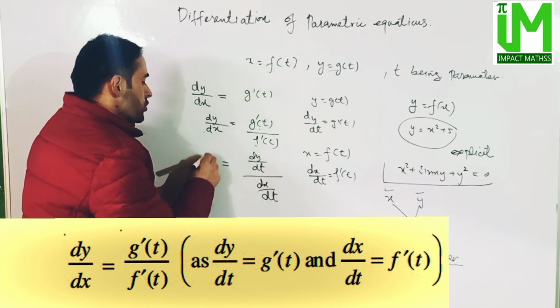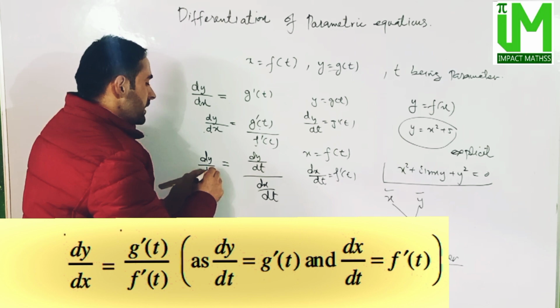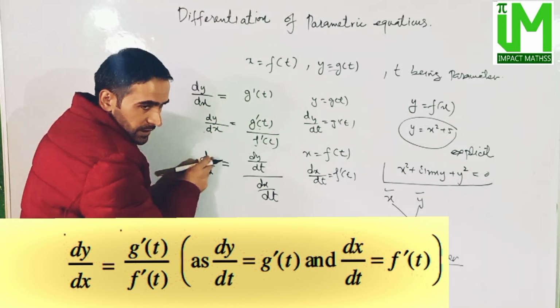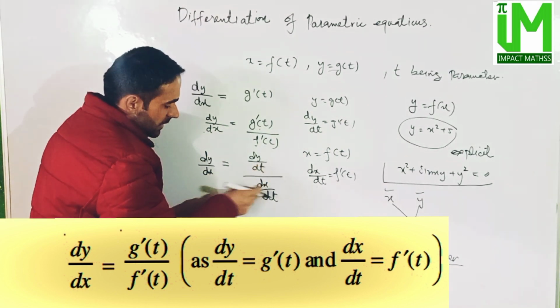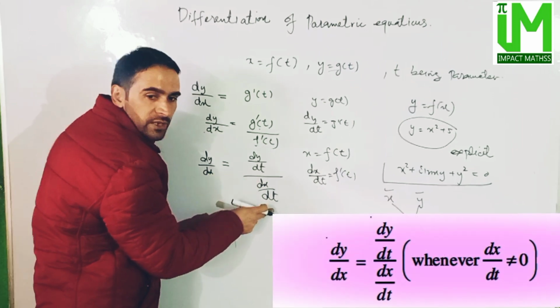So dy by dx is dy divided by dt over dx divided by dt.